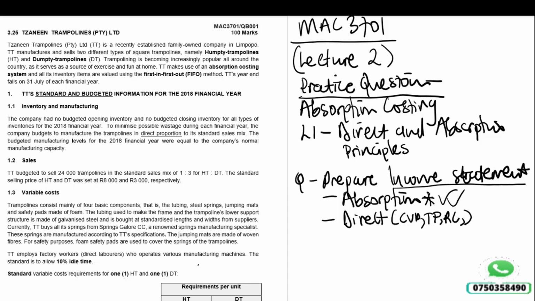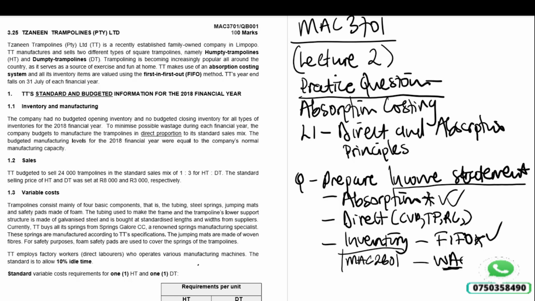The other thing you need to know is that they are most likely going to ask you the inventory method, and the inventory method asked is FIFO, not weighted average. It's very rare for them to ask weighted average cost, because they've already tested you on inventory methods in MAC 2601.